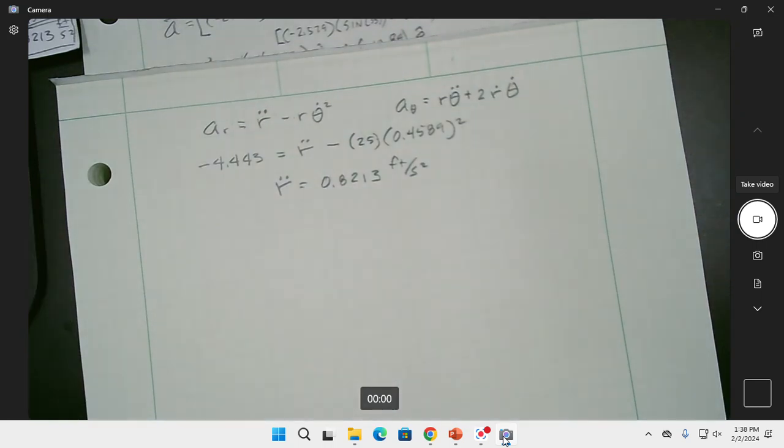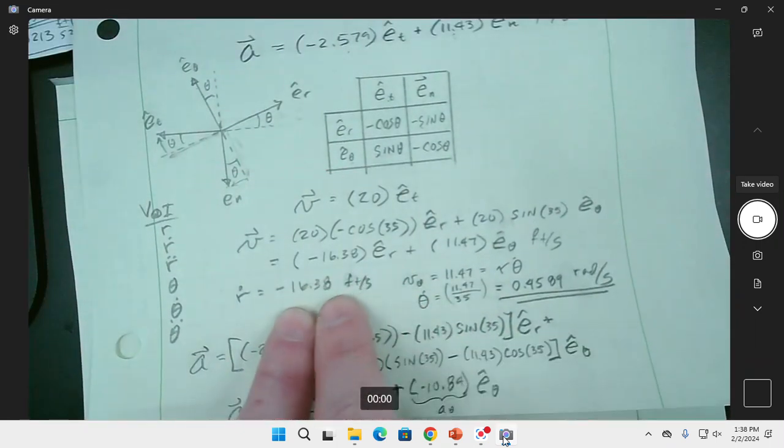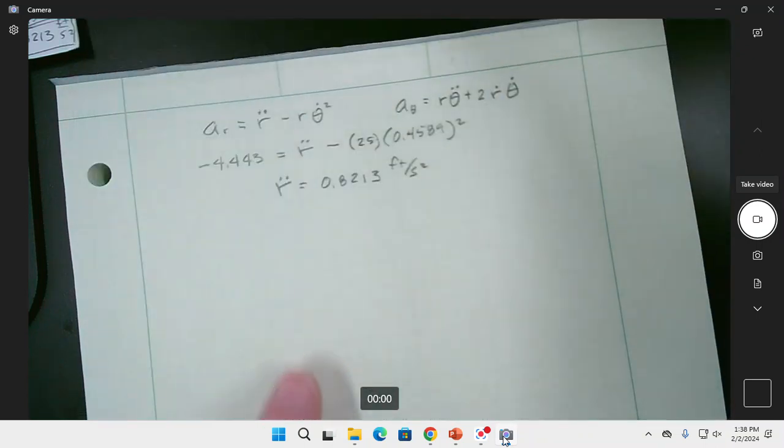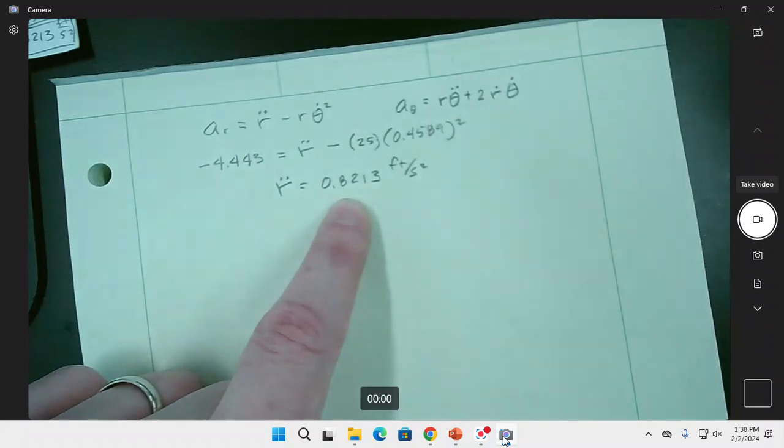It's traveling in the negative direction. So if you notice up here, that makes sense. This R dot makes sense. It's negative, but it's a bit surprising that this is a positive value. I tell you, acceleration can really mess with you when you're trying to rationalize it, because that's not the direction it's moving. It's just telling you the change that's about to happen to R dot.